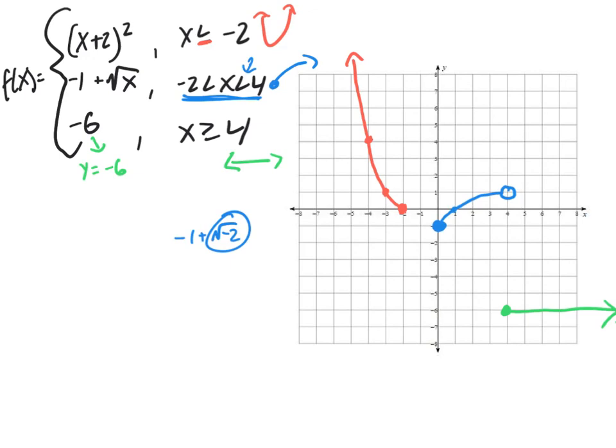Okay, so we've got the three pieces of our function, so let's deal with our domain and our range. Okay, domain. We were off to negative infinity there. We're off to positive infinity over to the right. We're okay here at 4 because we have an open circle in the blue function, but a closed circle in the green function. But we do have a gap.